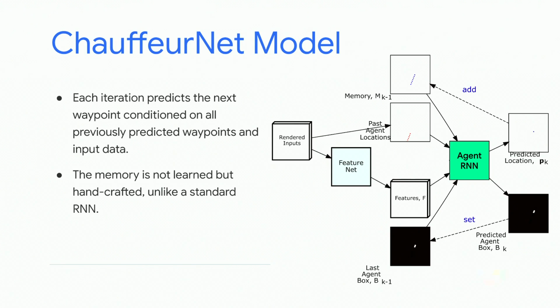On the bottom right, we show what it does for the agent boxes. It has a similar recurrence to produce a sequence of box locations. So in essence, the agent RNN is taking in all the input data and, conditioned on whatever it has predicted till now, it's predicting the very next waypoint. And in this way, it can predict the entire trajectory.